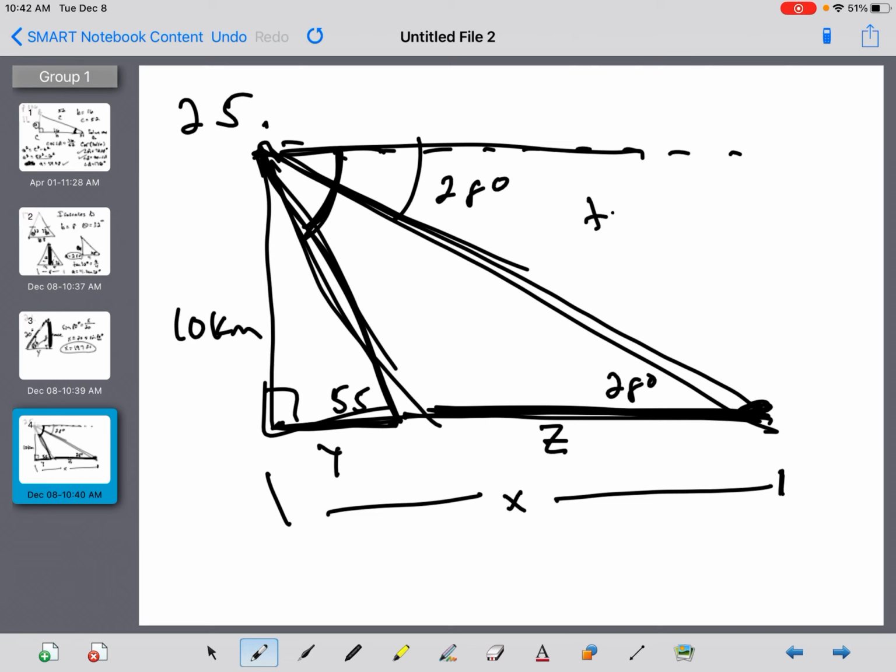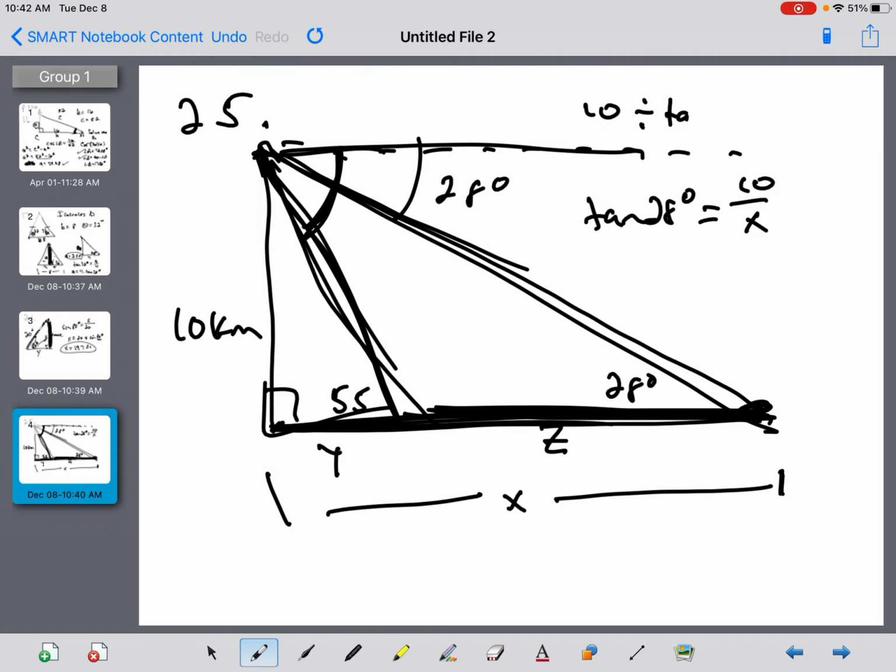So if I write tangent 28 degrees equals opposite 10 over adjacent X, I'll find this whole side right here. Now if I take 10 divided by the tangent of 28 degrees, I get X equal to 18.81 kilometers.